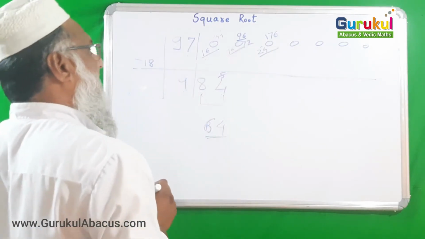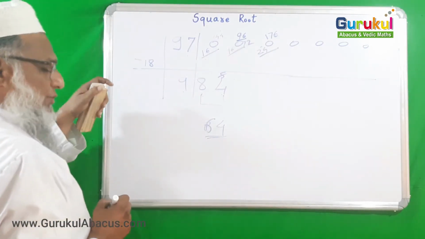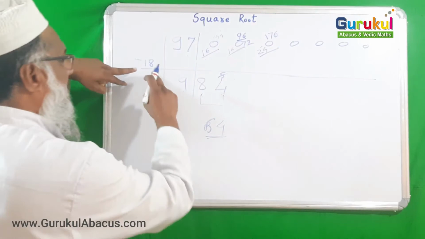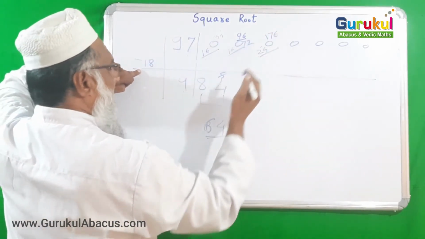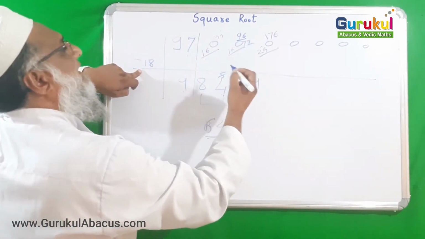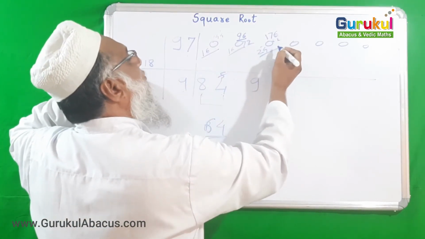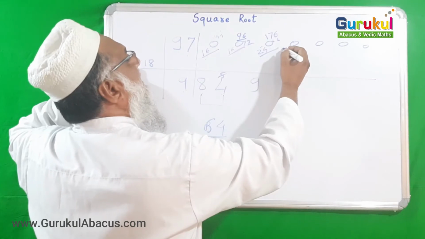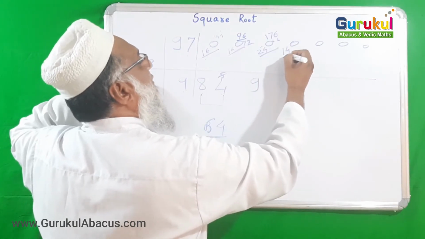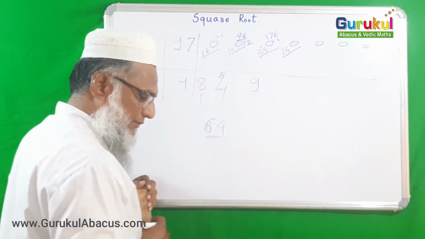Now with 176, you can see easily we can say 9s. 18 9s are 162. If we subtract 162, we are getting 14, and that I am writing with this 0.